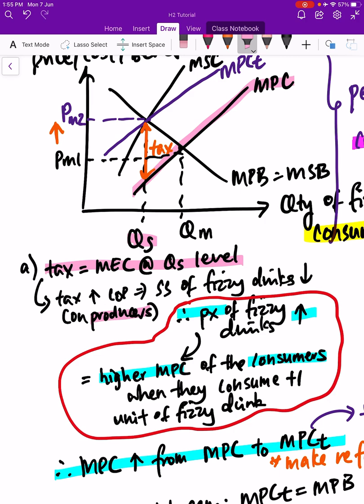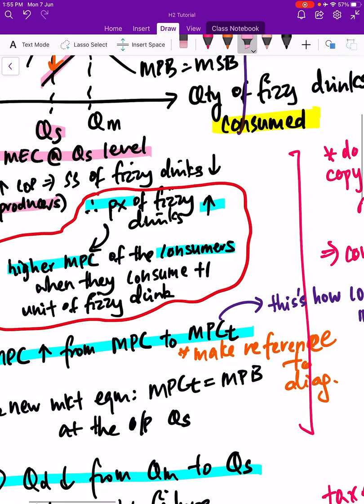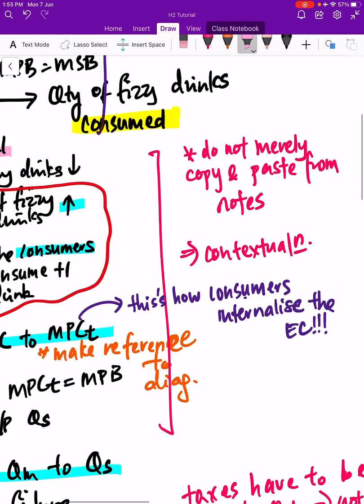So when the price of the fizzy drinks increases, that is also the reason why the private cost increases from MPC to MPCT. When you are explaining, you also have to make sure you remember to make reference to the diagram. I just want to emphasize to you, please do not merely copy and paste from the notes.